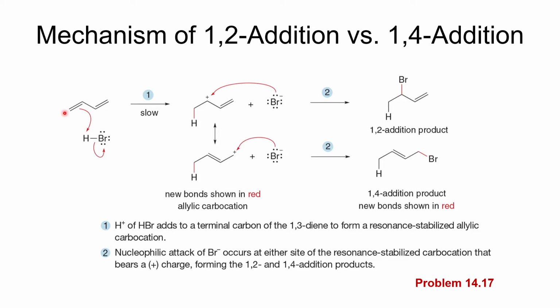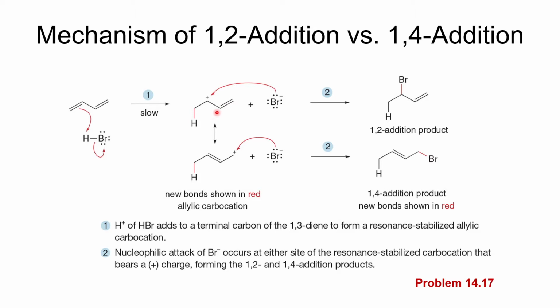The reason is that it forms a secondary carbocation as opposed to a primary carbocation. In addition, it also forms an allylic carbocation, and the allylic carbocation is even more stable than a regular secondary carbocation.